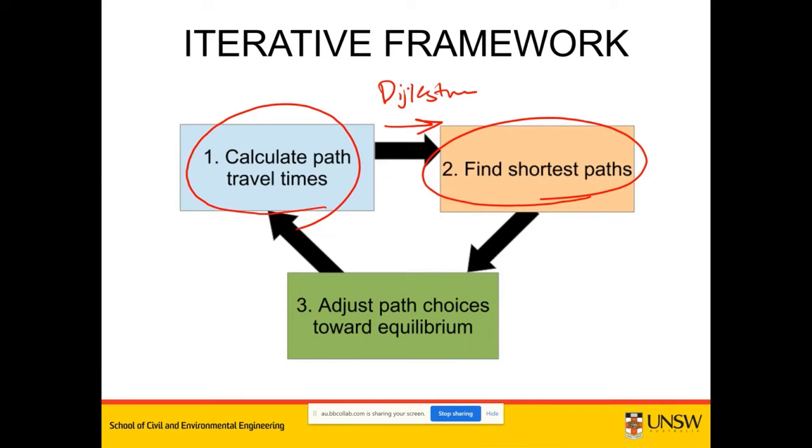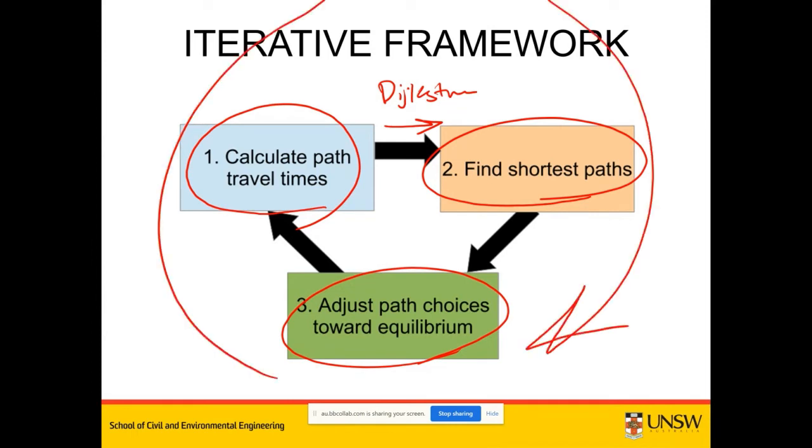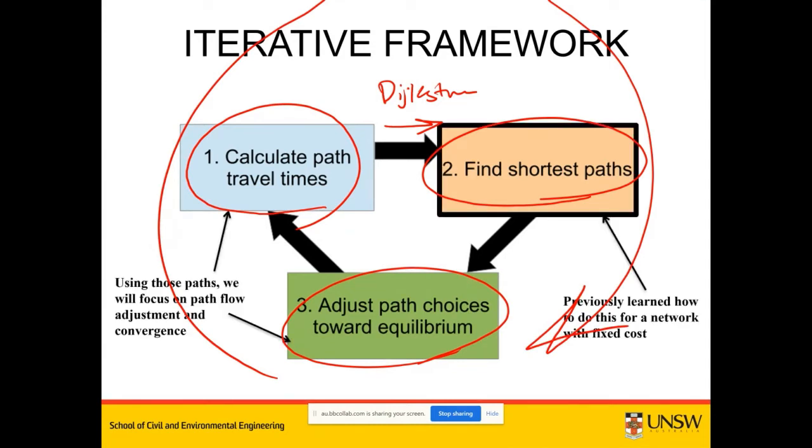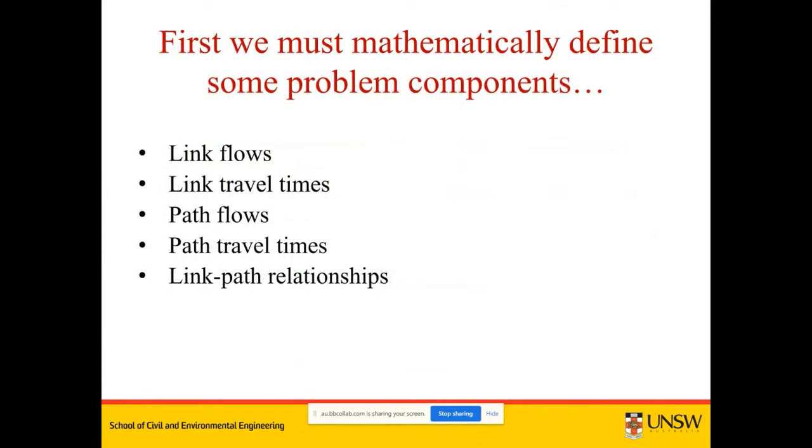Then you adjust the path choices towards equilibrium. So you shift some people from one path to another path somehow, which we're going to see how, and then you recalculate the path travel times. You recalculate the shortest path, and then you keep doing this iterative framework, many iterations, until you reach the equilibrium point, okay? So that's what I mean by iterative framework.